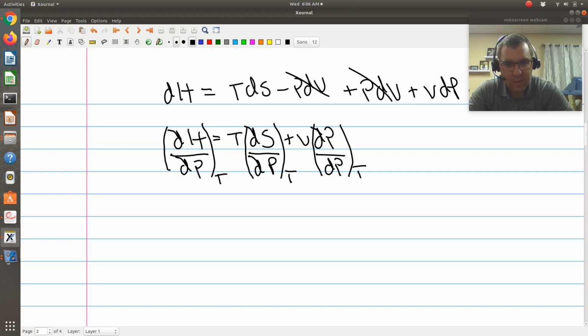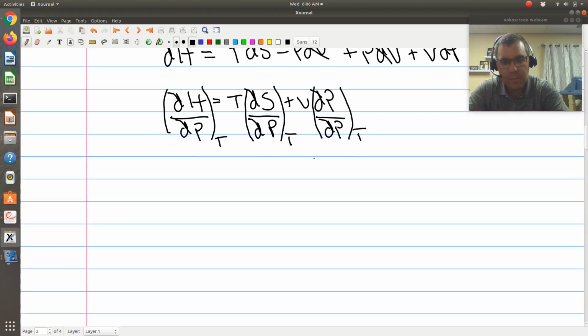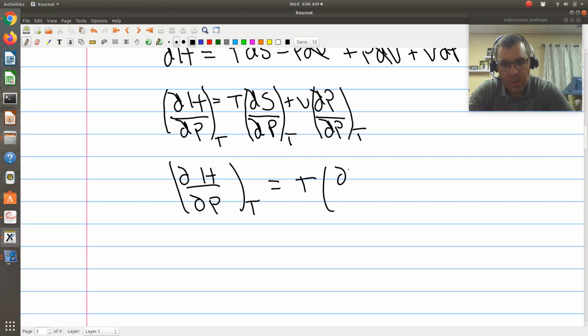So on the left hand side we have partial H, partial P at constant T, which is equal to T, partial S, partial P at constant T plus V, and then partial P over partial P is just 1, so this term is just plus V.